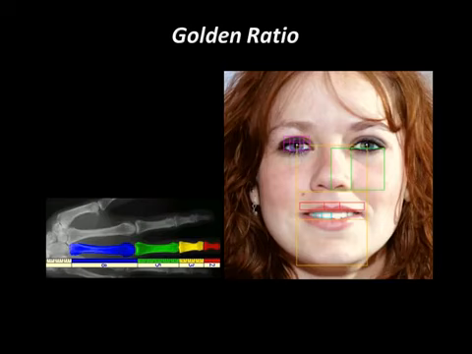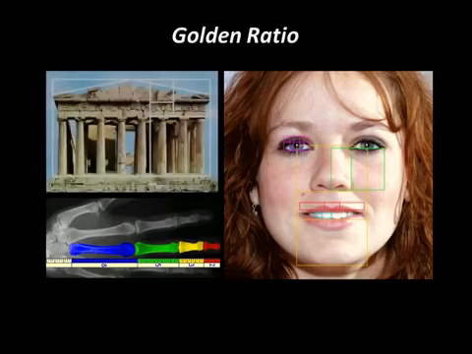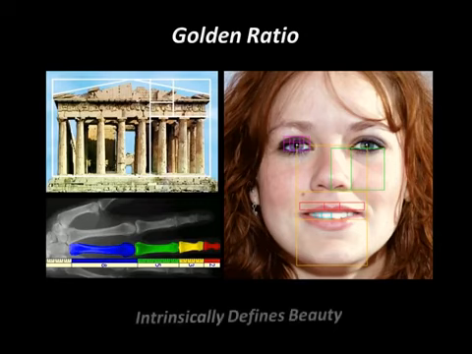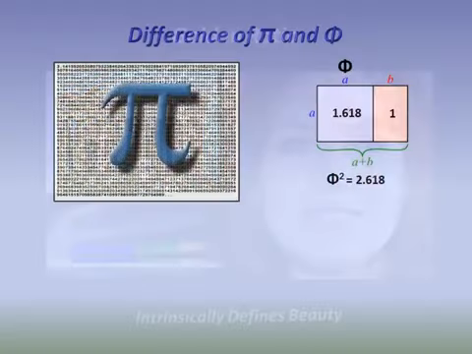It demonstrates the golden ratio. It's in our DNA. And we look at buildings that are classic architecture, and they demonstrate the golden ratio. That's really when men became aware of it and started to design and use it. So back in the Egyptians' time, they didn't understand this principle. So this intrinsically defines beauty.